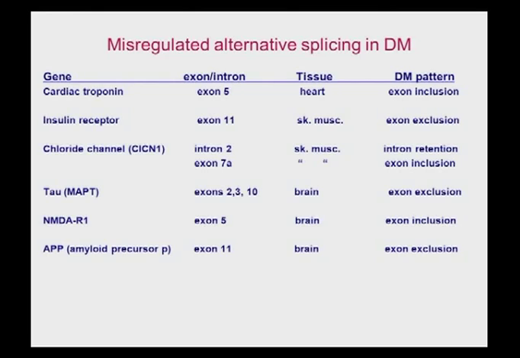We don't really know how much effect it actually has on the function, but it's one potential target. Also of interest is the amyloid precursor protein, which is another protein that is abnormal in Alzheimer's disease. It tends to accumulate. But unlike in Alzheimer's disease, patients with DM1 or DM2 don't tend to have the accumulation of the A-beta fragments that are derived from this protein that are typically seen in Alzheimer's disease. And we'll get into that more when we talk about the pathology.